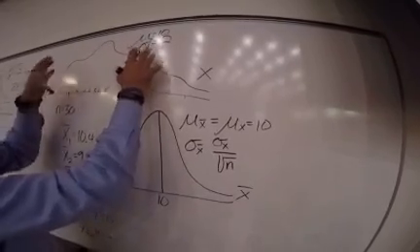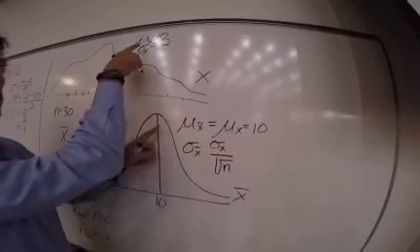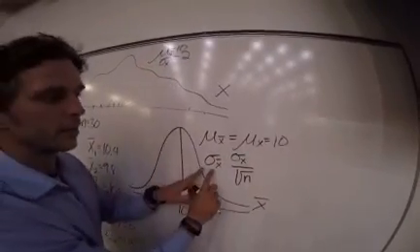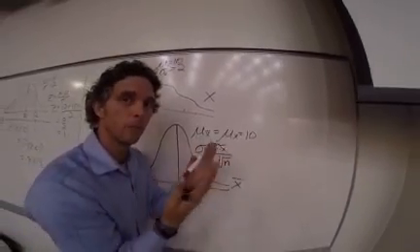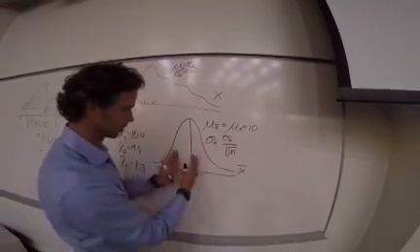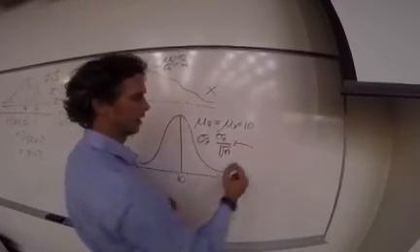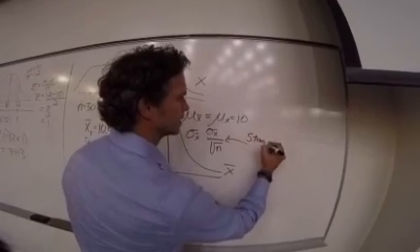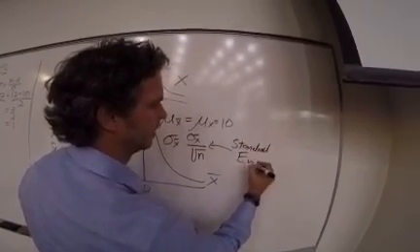Non-normal distributions change into normal distributions for the averages, with a mean that is the same as the original distribution, but with a smaller standard deviation. And when the standard deviation shrinks, that means we have a more accurate estimate, because it's closer around 10 here. And this right here, for a matter of vocabulary, is known as the standard error.